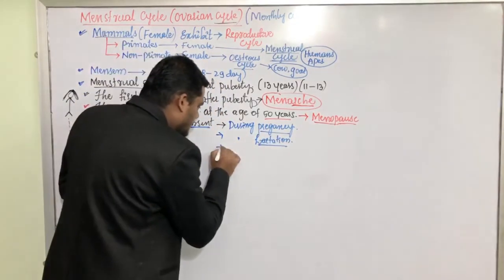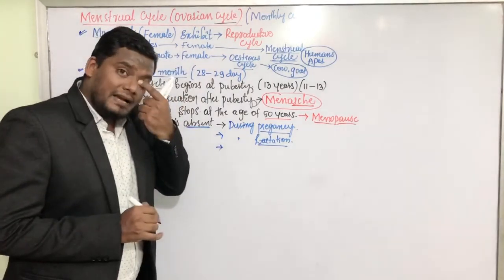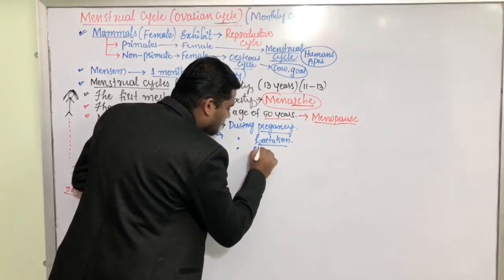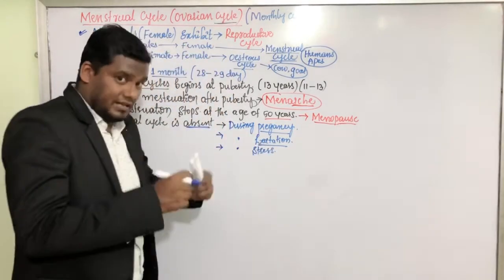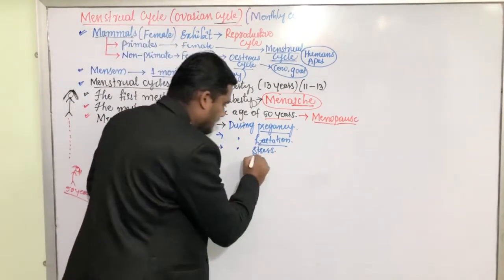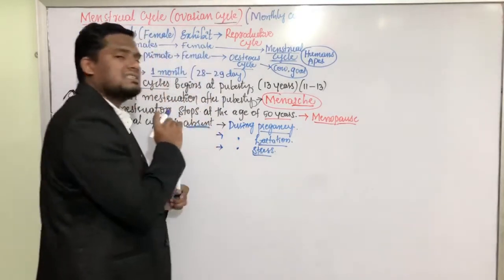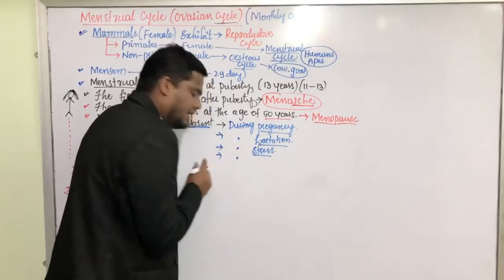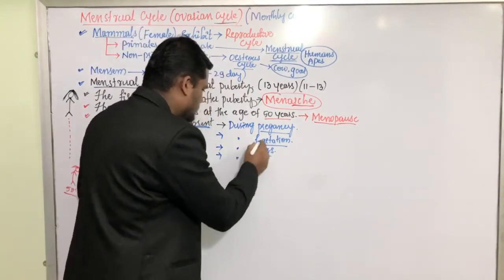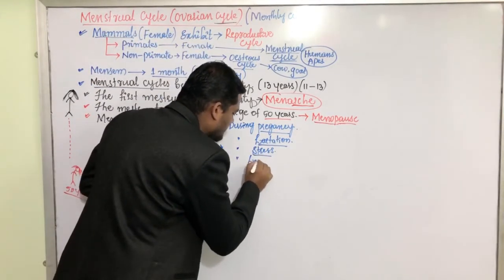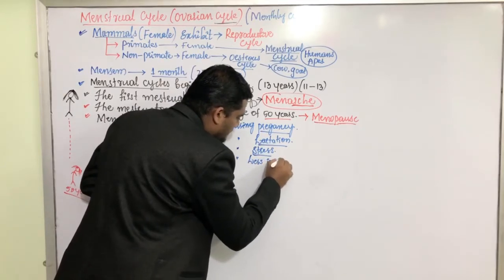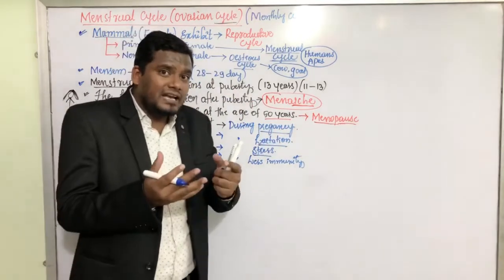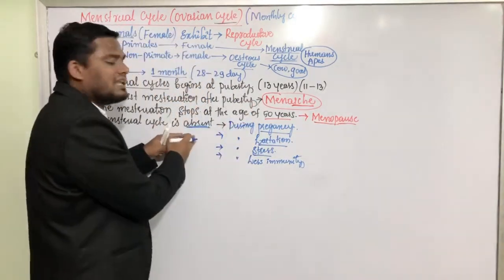And in some complicated situations like during stress, अगर लड़की बहुत ज्यादा स्ट्रेस में है, तब भी menstrual cycles नहीं होते. और during stress or during less immunity, अगर वो लड़की की इम्यूनिटी कम हो गई, तब भी menstrual cycles नहीं होते.